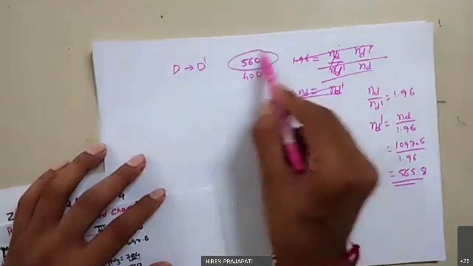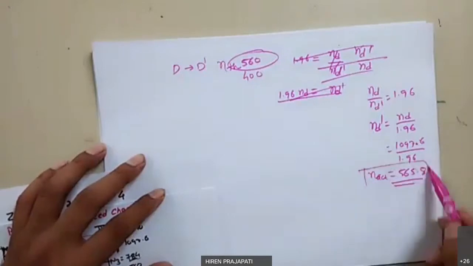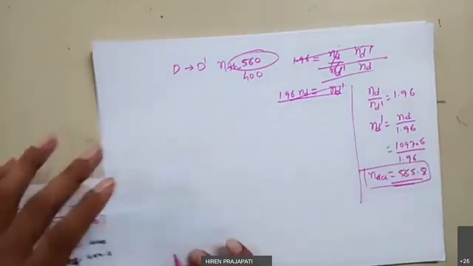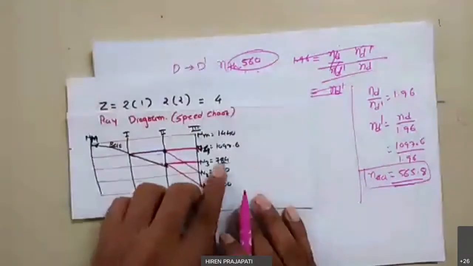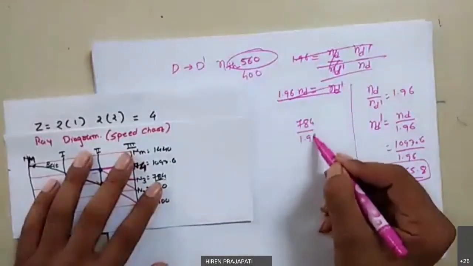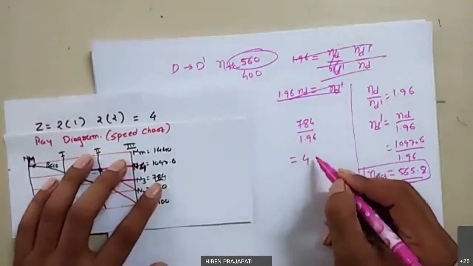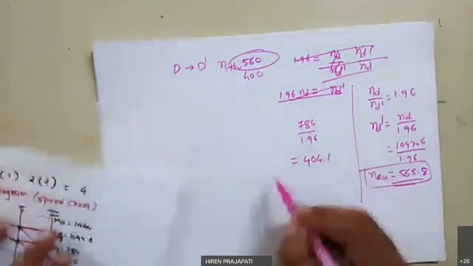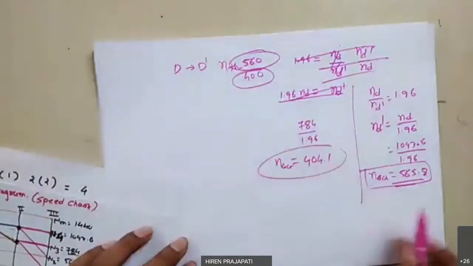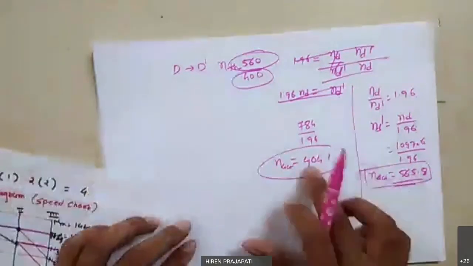This is the actual value and the other is our theoretical value, so we are getting some variation. Similarly, if you assume the input speed as the second possibility, 784, then 784 divided by 1.96 gives 404.1. So this is the actual value and we want the theoretical value. So this has now become higher than required. So this is the variation we got.